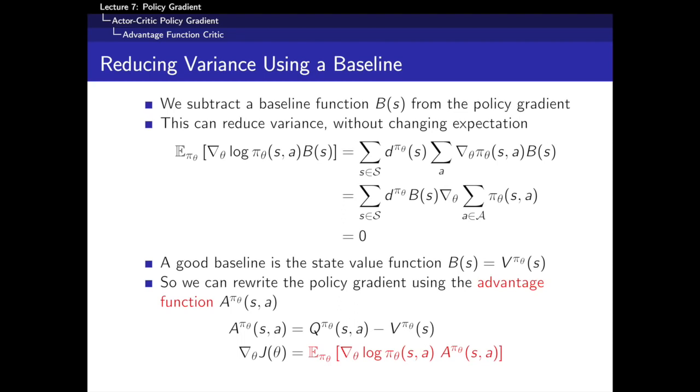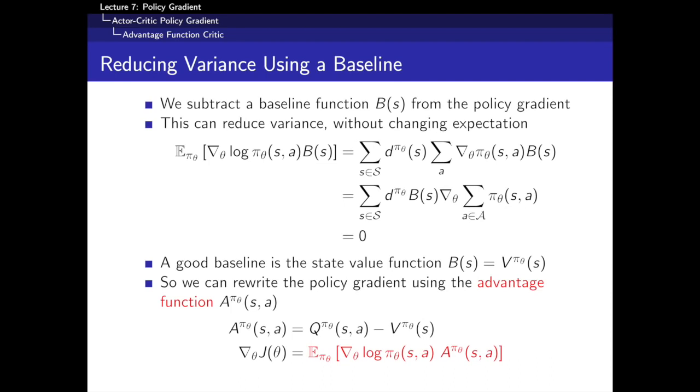The particular baseline which we're going to choose is the state value function. So we're going to start off with our q values, our action value function, and subtract off the state value function. What we're left with is something called the advantage function.